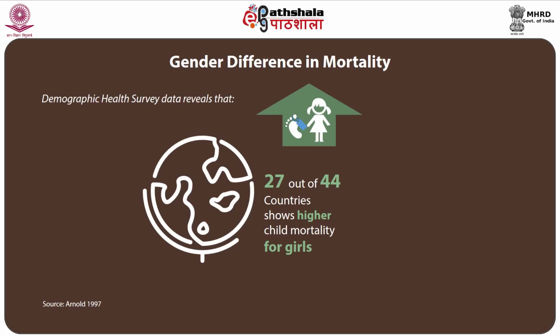This is very significant information, indicating that not only in India, but in many other developing or poor countries of the world, there still continues to be gender discrimination, which results in a high incidence of infant mortality and child mortality among females as compared to males.